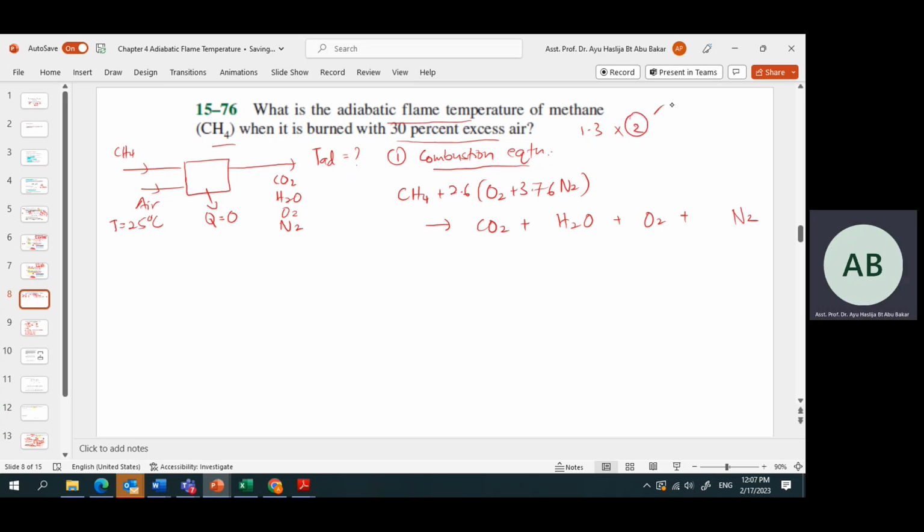The 2 is from the A stoichiometric. Your CO2, how many moles of CO2? 1, correct? H2O, 2. O2, do the balance to find out. Then the N2 here will be 3.76 multiplied by 2.6.